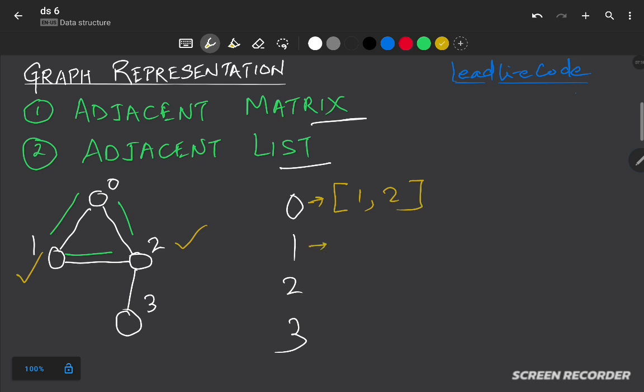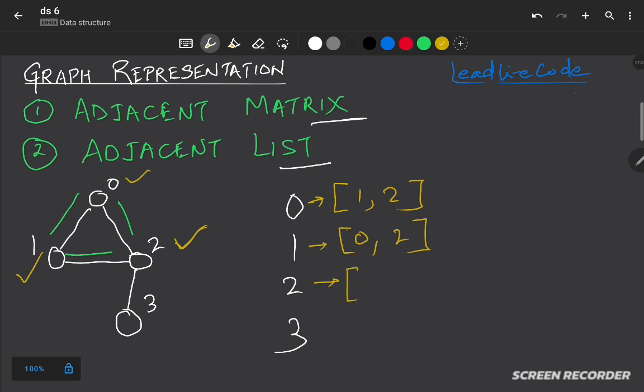1 is connected to which two? 0 and 2. Similarly 2 is connected to 1 and 3 and 0. So it should actually be 0, 1, 3. Let me just erase it.